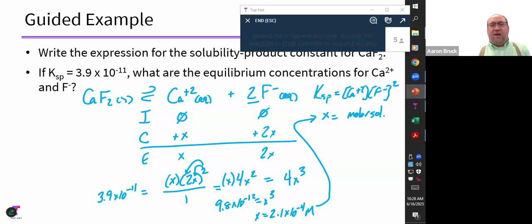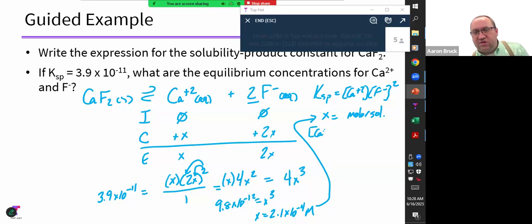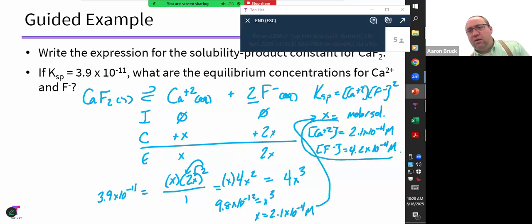Now, the question wasn't asking about that. The question was asking, what are the concentrations? Concentration of calcium is X, so 2.1 times 10 to the negative 4th molar there. The concentration of fluoride would be twice that, 2x, so 4.2 times 10 to the negative 4th molar for it.